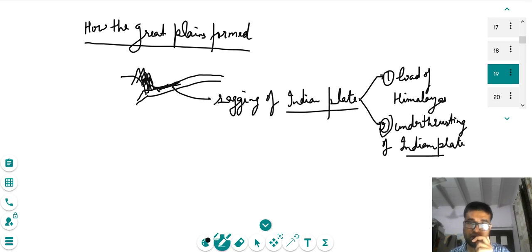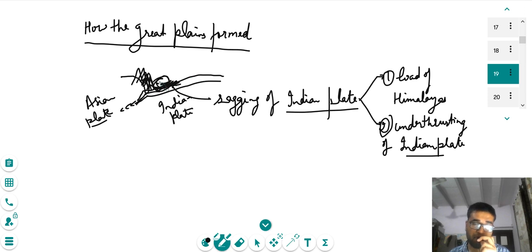Indian plate underthrust below the Asian plate. So this is the Indian plate here, and here is the Asian plate. Okay, so this underthrusting led to the sagging of the Indian plate, and here this basin was formed, right?